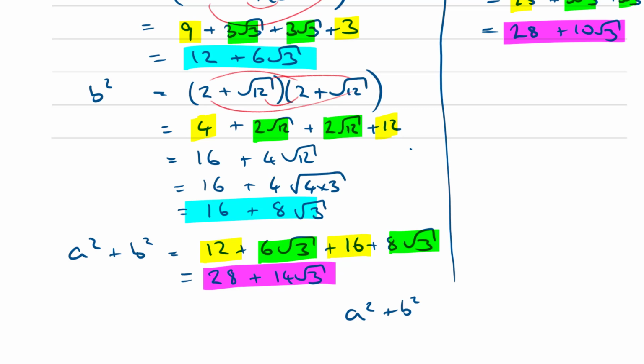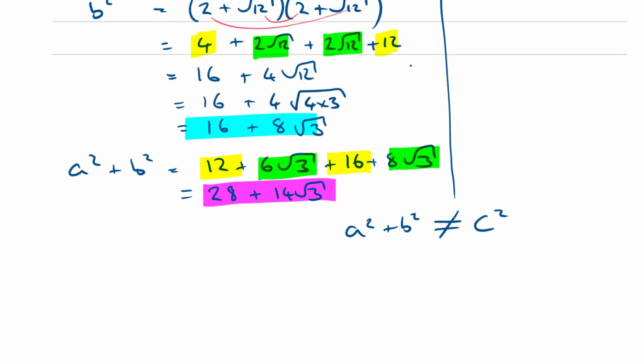Because the number parts are the same, they're 28, but the surd parts aren't the same. I've got 14 root 3 for a squared plus b squared, and I've only got 10 root 3 in the other one. So these two things are not equal to each other, and therefore the triangle cannot be right angled.